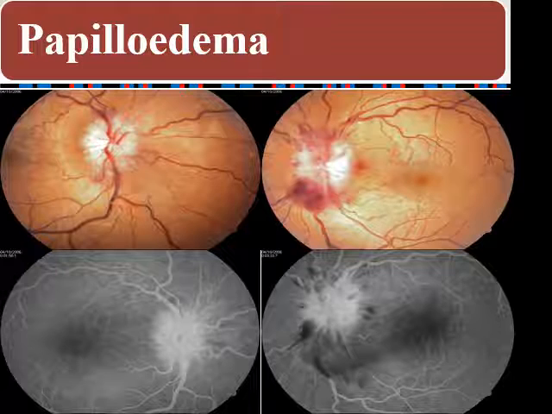In chronic papilledema, there is good visual acuity, but the visual field starts to constrict. Hemorrhage and cotton wool spots disappear, and opticociliary shunts may appear.